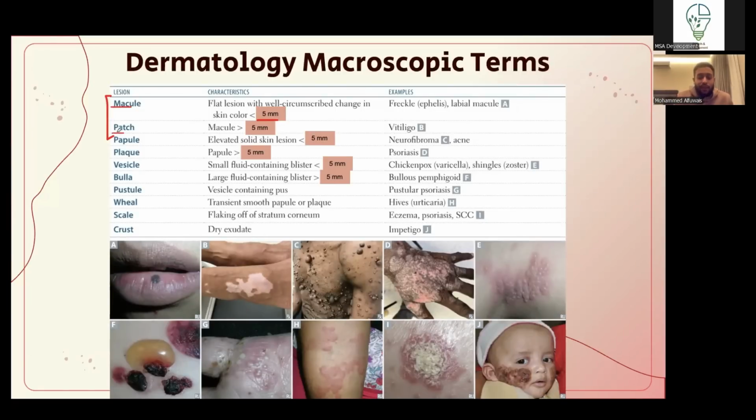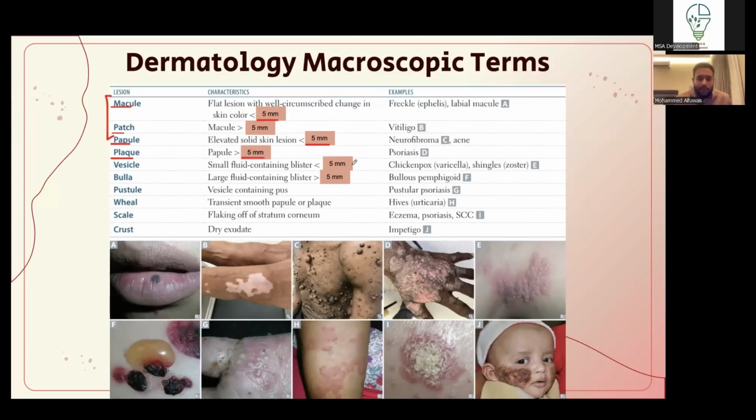Now, if it's elevated lesions, we have either a papule, a nodule, or a plaque. A papule is an elevated lesion less than 5. If it's more than 5, it's a nodule. However, if it's a bunch of papules together, it's a plaque. Hence why it says on First Aid it's more than 5.